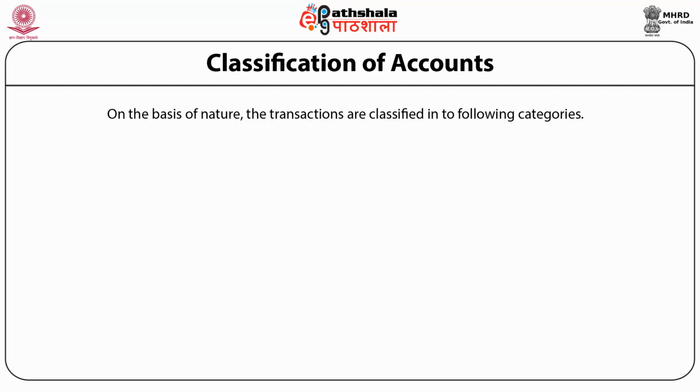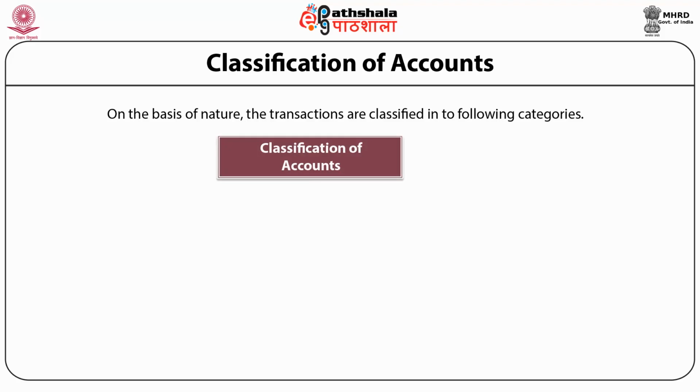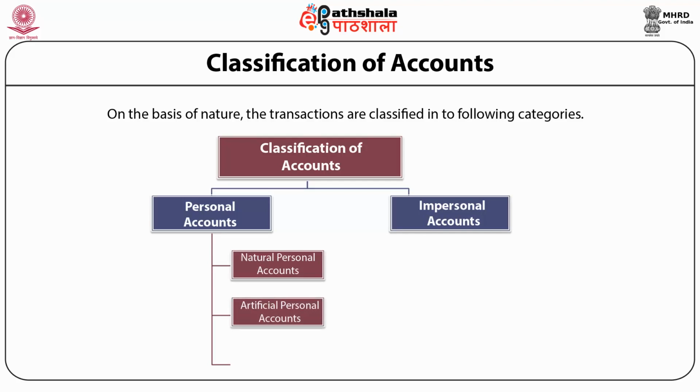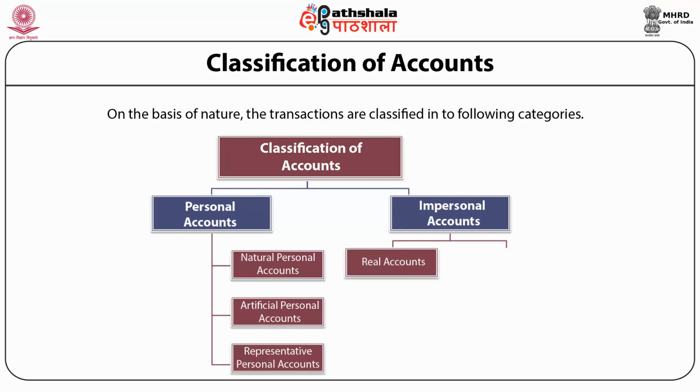On the basis of nature, the business transactions are classified into two categories: personal accounts and impersonal accounts. Personal accounts are recategorized again under three categories: natural personal accounts, artificial personal accounts, and representative personal accounts. Impersonal accounts are again recategorized into two: real accounts and nominal accounts.